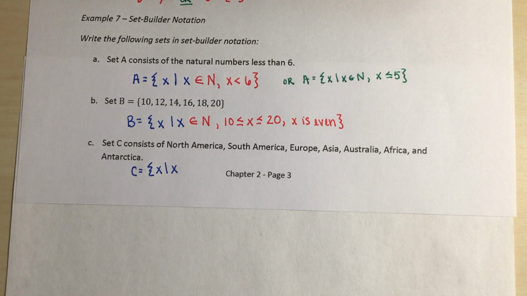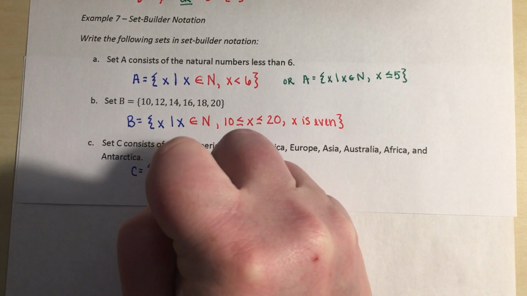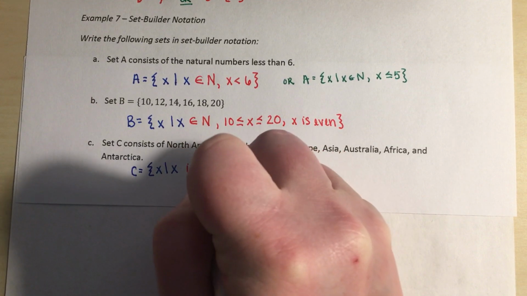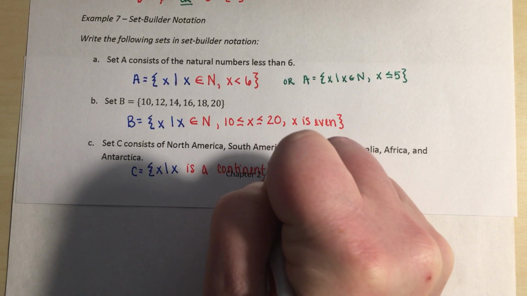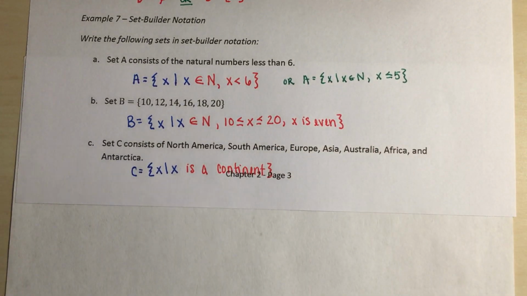What we're going to do instead is have a brief description: X is a continent. So if we are unable to use symbols, or if it's an example where we are looking at words or something else, we can definitely use descriptions for our set builder notation. Again, however, if we're doing some sort of mathematical set of numbers, we want to try to use as many symbols as possible.